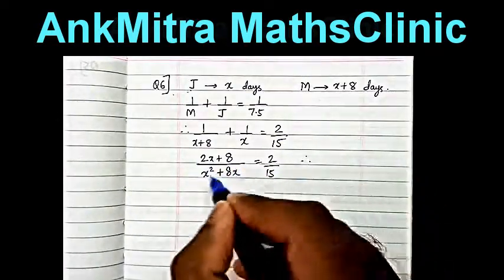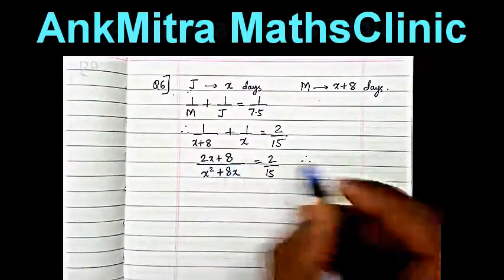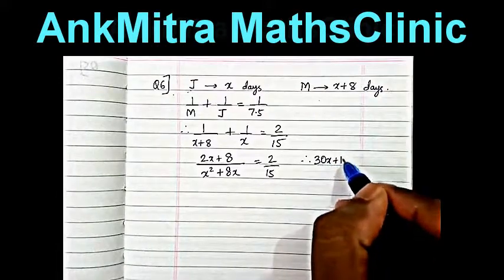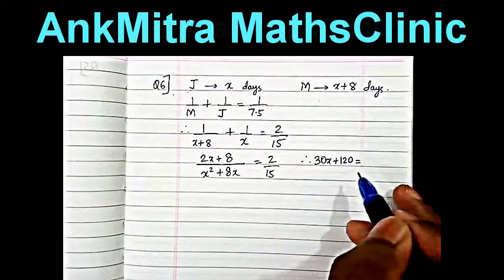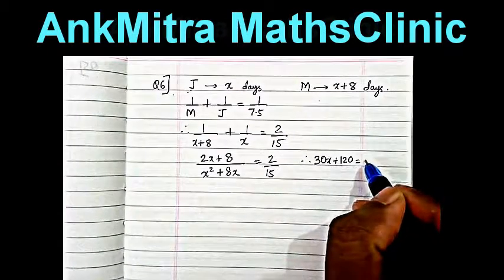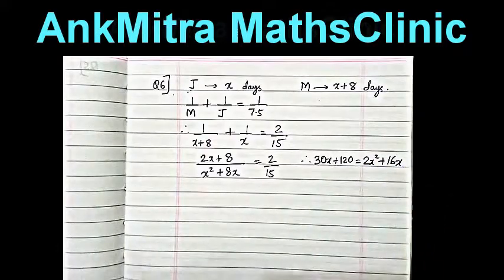Therefore cross multiplying these terms, we get 15 multiplied with 2x plus 8, and we'll get 30x plus 120 will be equal to 2 multiplied by x square plus 8x. So it will be 2x square plus 16x, right?